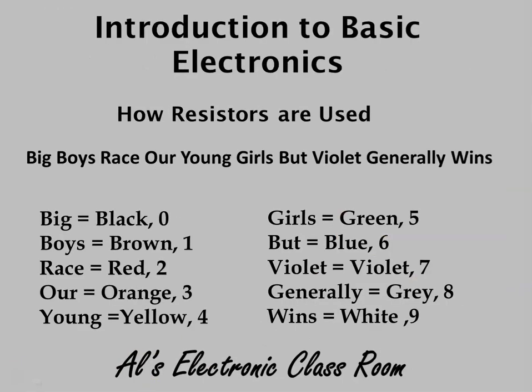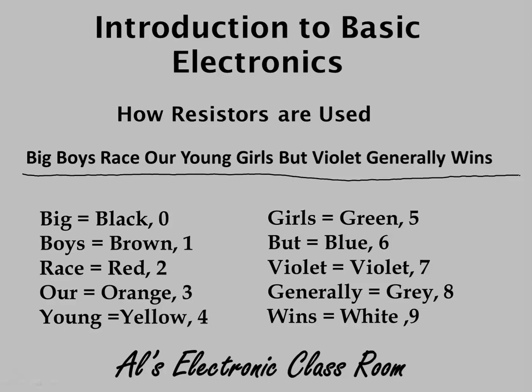Okay, on this slide here, we're going to introduce the color code. And what I've done is I've given you a little bit of a poem to try to remember the colors. And the little saying is right here. Big boys race out young girls, but violet generally wins.